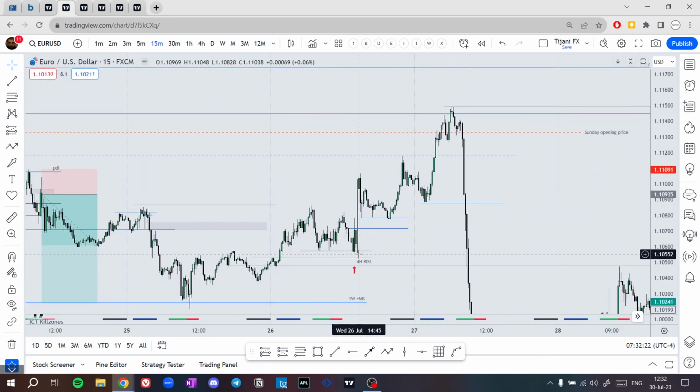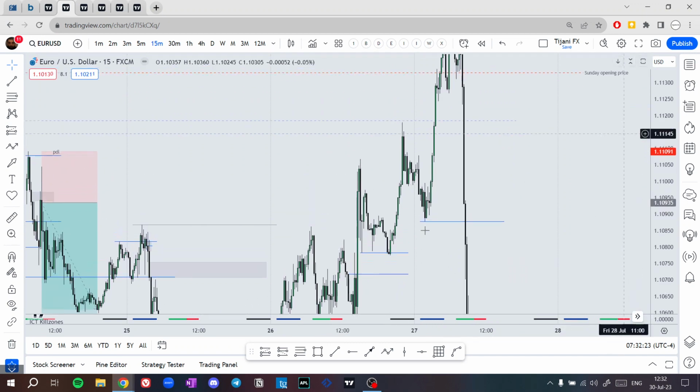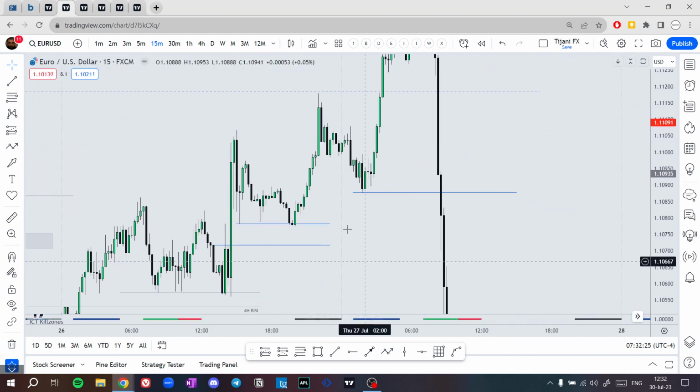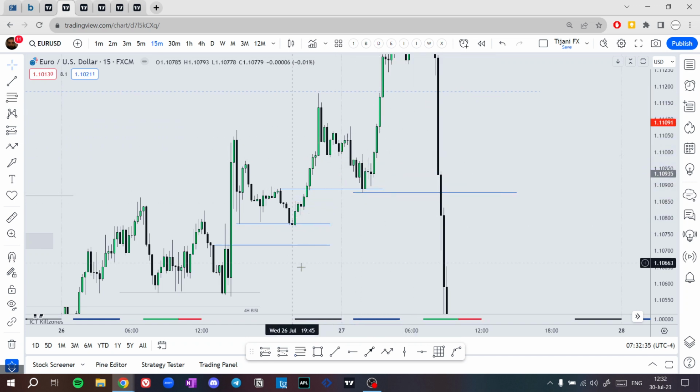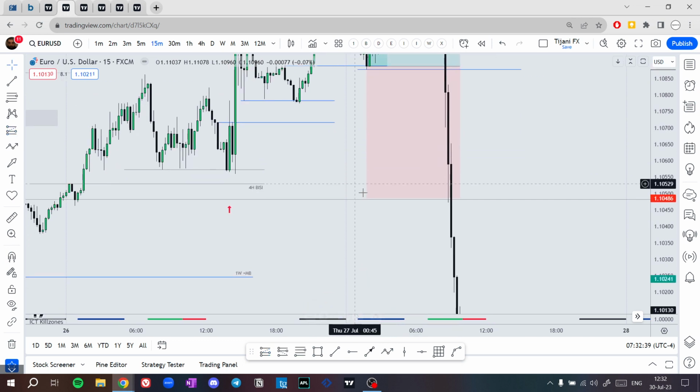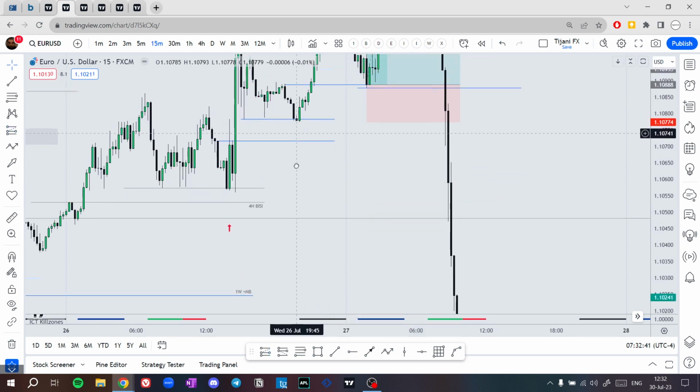Or maybe you didn't enter here, you waited, you have this as your entry, as price retraced to this order block, and we have a Fibonacci level here. Could just enter here, something like that. Stop loss here.